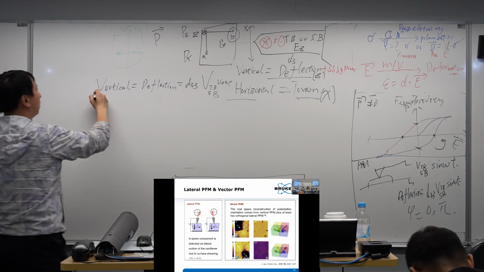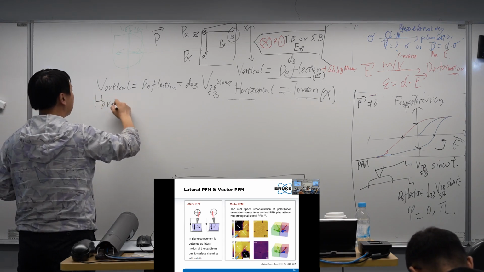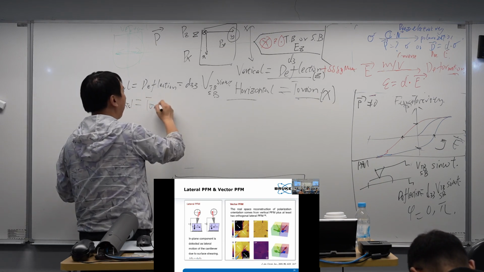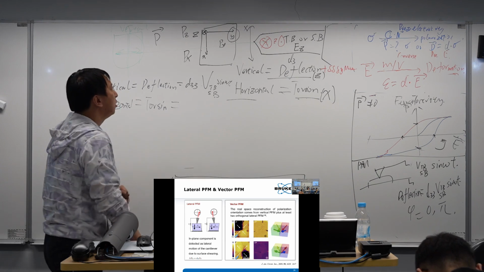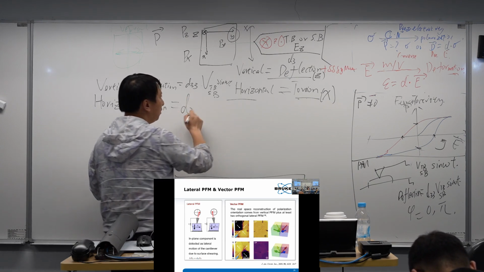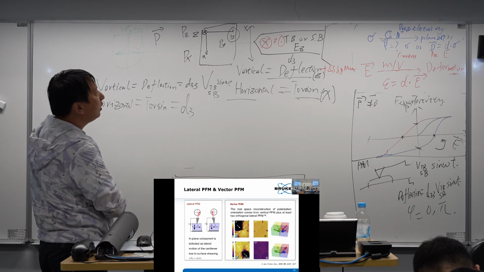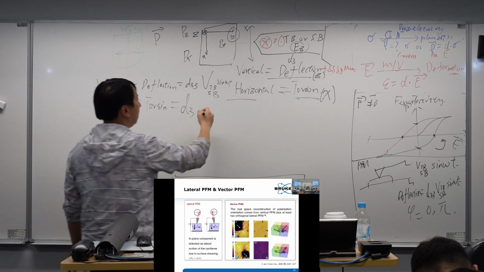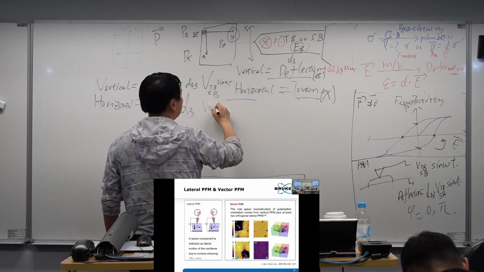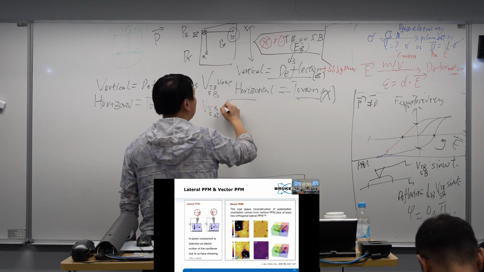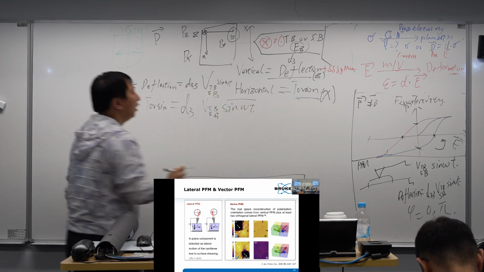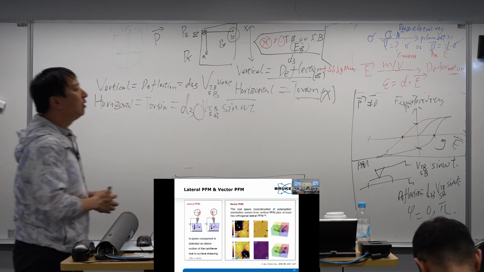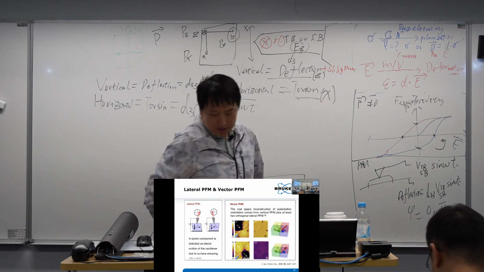And then the horizontal will be the torsion, which will also be the D3 because it's the Z direction electric field. And so it will be VTB or V sample bias times sine omega t. The only thing left is here.